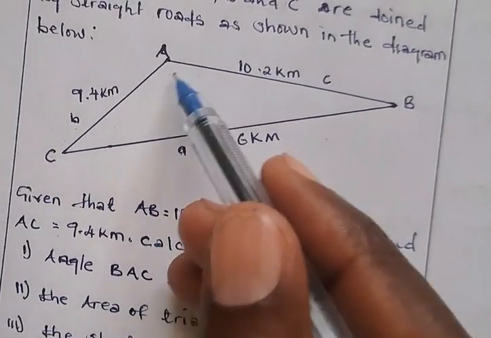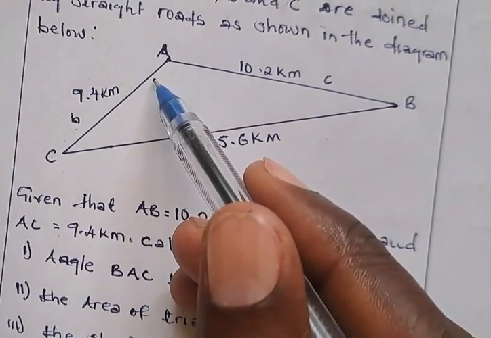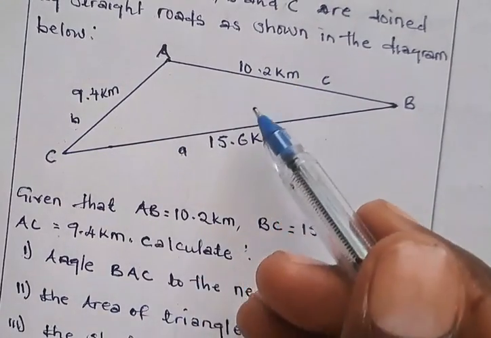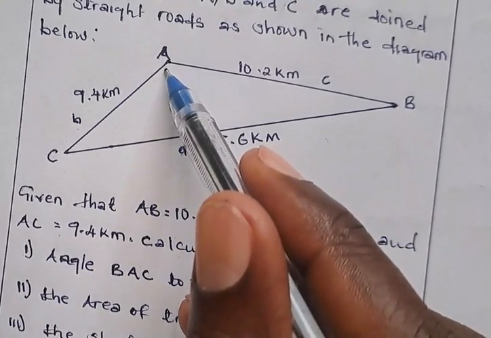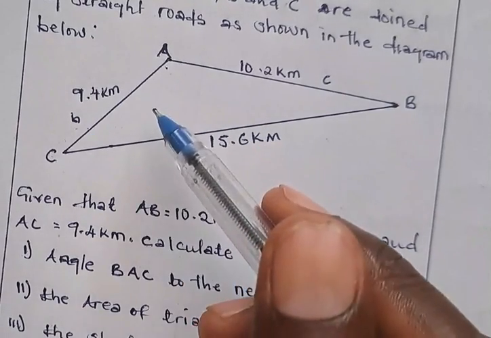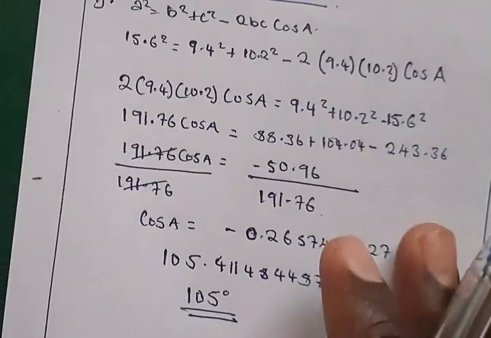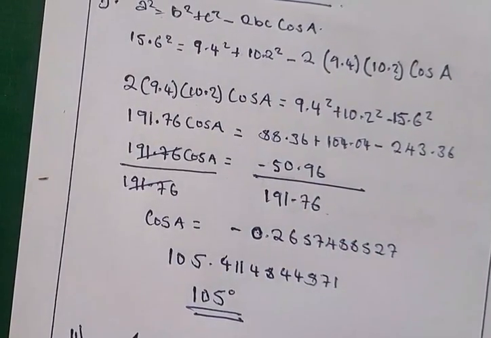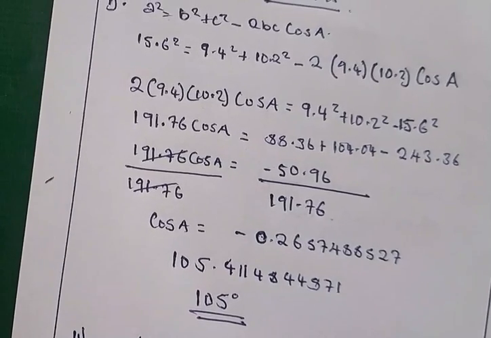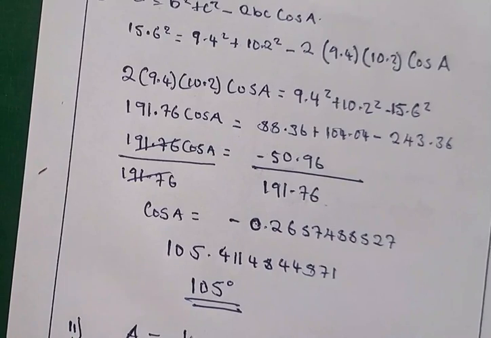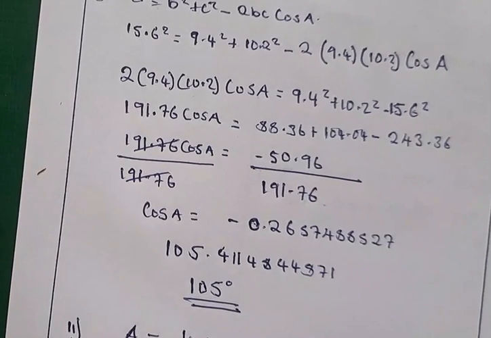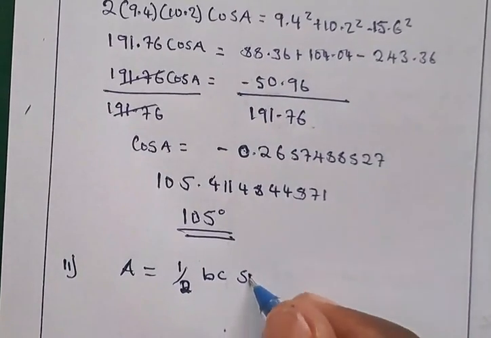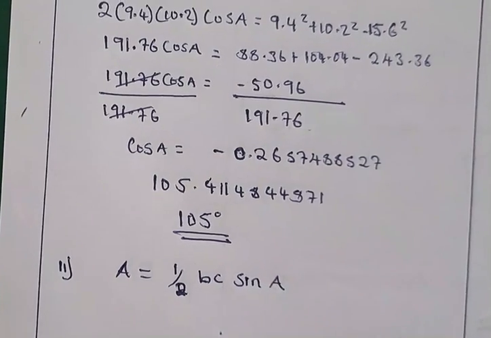So since we have found this one to be 105, it will be half BC sine A. Area is equal to half BC sine A. So let's get into it. So we are saying area is equal to half BC sine A there.